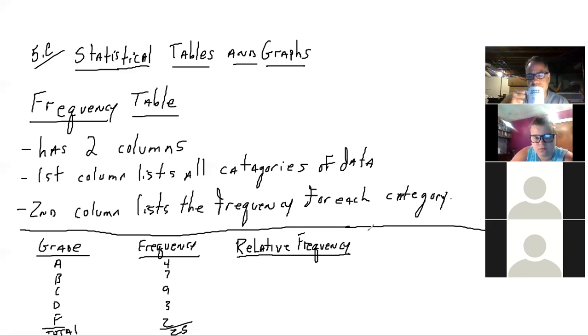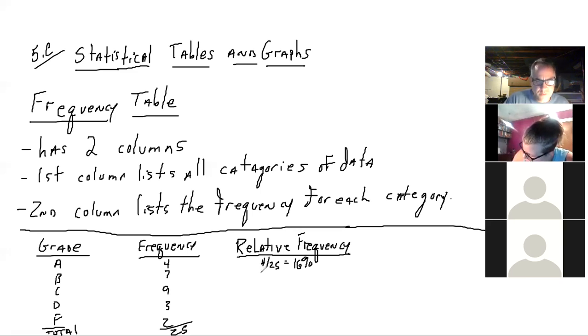Or the number in decimal form, where the number on top is the number for that particular category, and on the bottom we've got the total. So it's a fraction or a ratio. In this particular case, relative frequency here would be 4 out of 25, which as a percentage is 16% or 0.16.